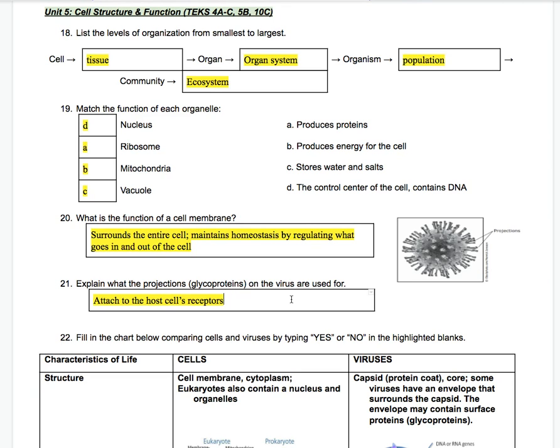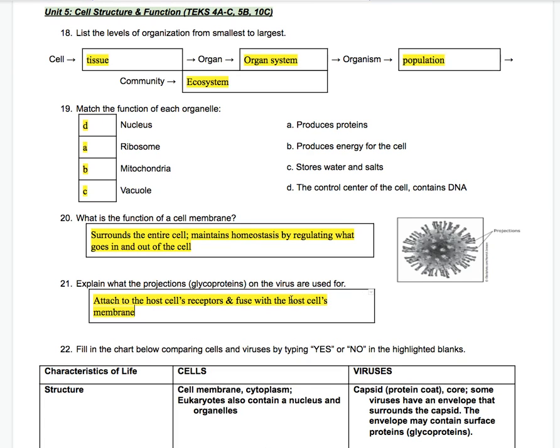And it's going to do that so it can fuse with the host cell's membrane. Once it's fused with the host cell's membrane, then it can start to inject its viral DNA or RNA into the host cell where it can make more copies of itself, and eventually it can burst open the cell, releasing more viruses to do the same things to other cells.